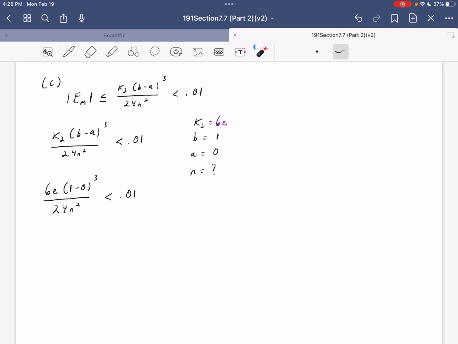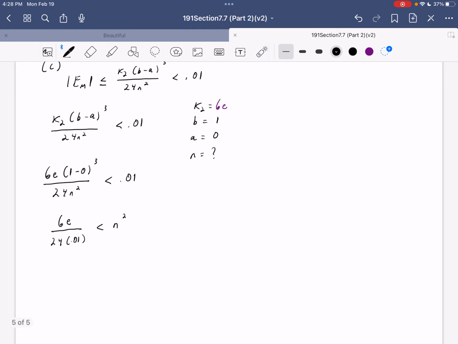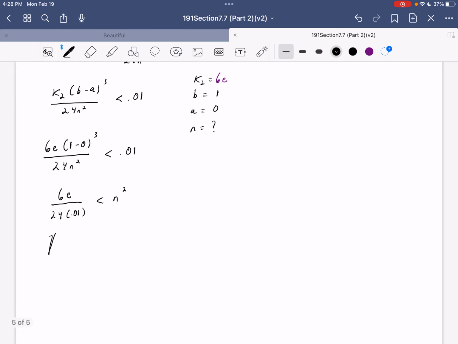Once again, same thing. Let's bring the n squared over, and the 0.01 back. So this becomes 6e over 24 times 0.01, and that is going to be less than n squared. Then we'll square root that: the square root of 6e over 24 times 0.01 is less than n.